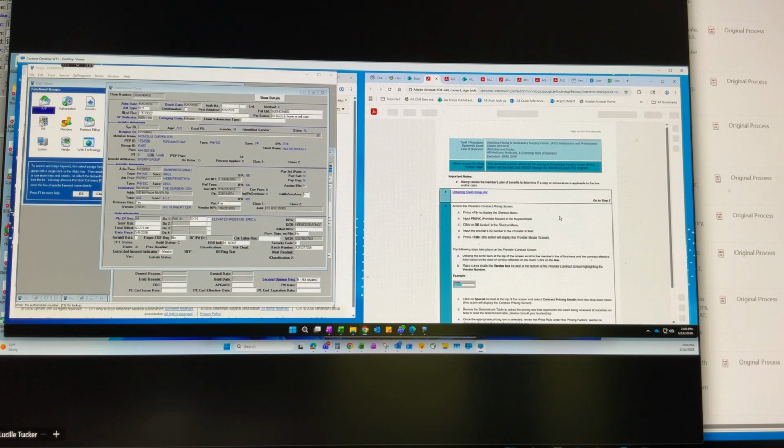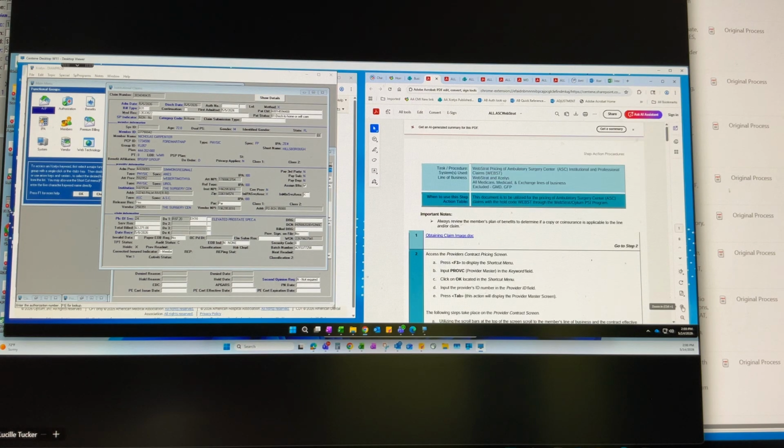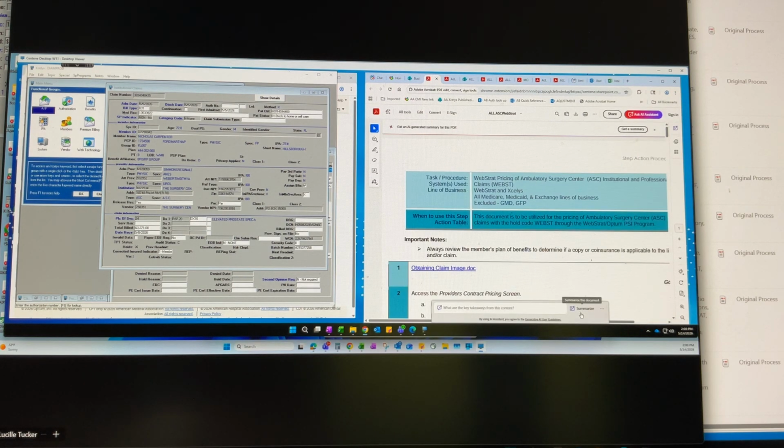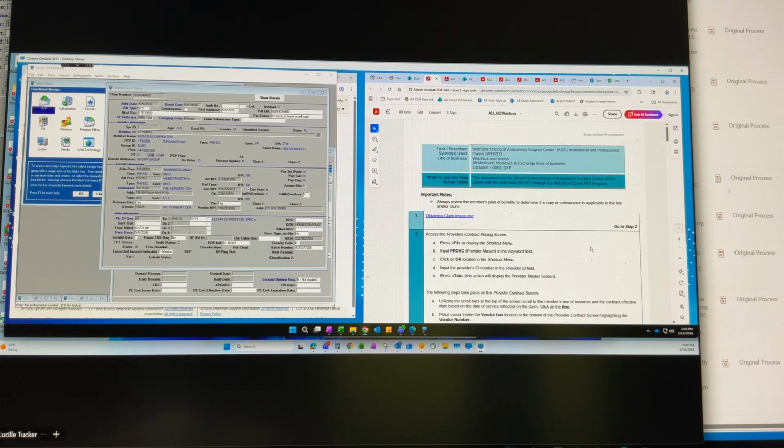If you have a place of service 22 or 23 that's holding Wbstrat, you actually use this SAT, even though it's not an ASC. This is because this is also kind of the generic Wbstrat pricing SAT, okay? So yes, I know that doesn't make any sense that you would use the ASC one for non-ASC claims, but you do.